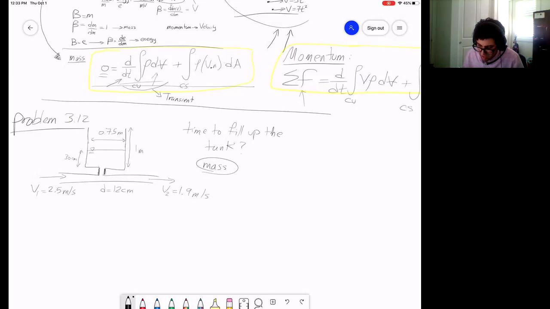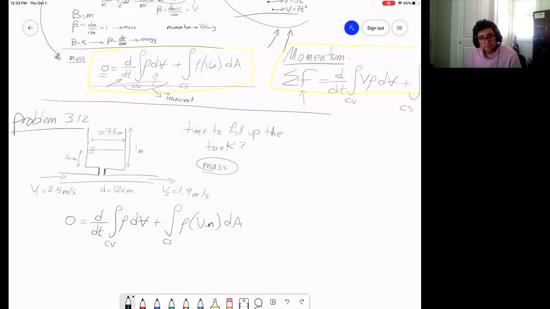So we know the left side is 0, and that's going to be equal to d over dt of the integral over the control volume of rho dV, plus the integral over the control surface of density times velocity times the normal direction vector times dA.